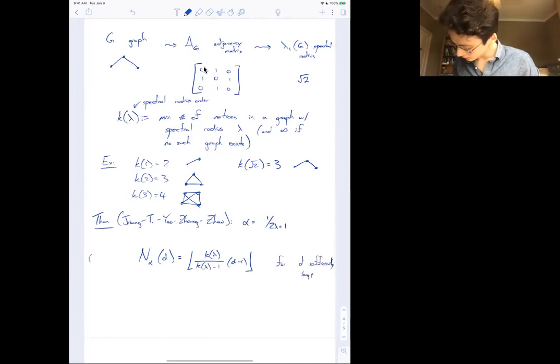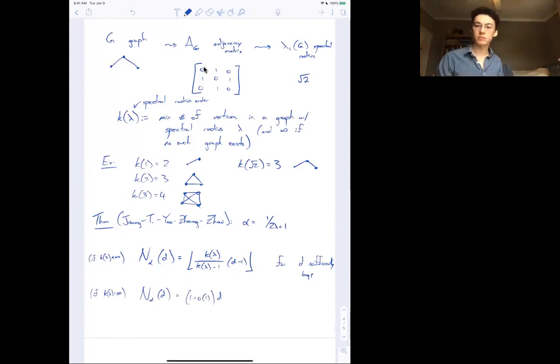This is if k lambda is finite, and if k lambda is infinite, well, I can't tell you exactly what it is, but it's at most 1 plus little o of 1. So it's almost the minimum possible value.